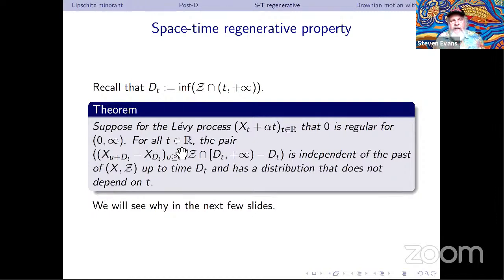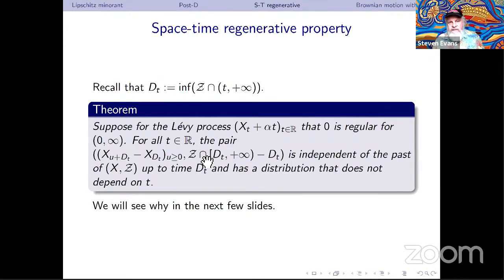Then no matter what t is, we look at the future of X from D_t onwards, subtracting off the value of X at D_t. And then we look at the future of the contact set from D_t onwards and shift everything back to the origin.